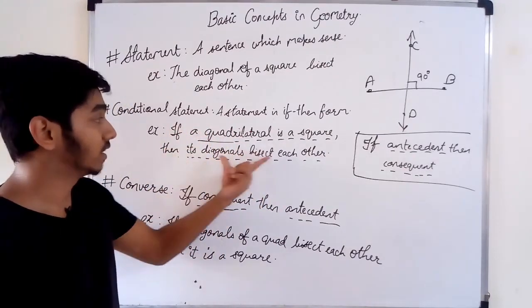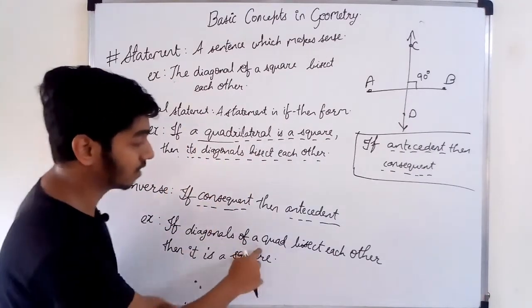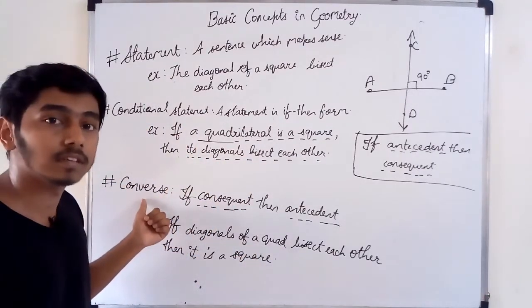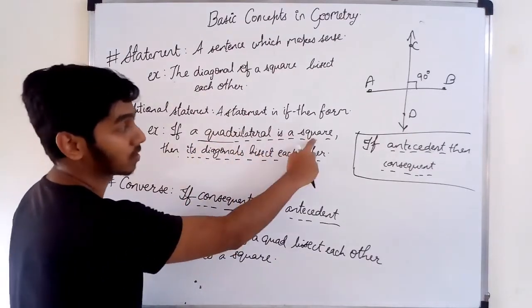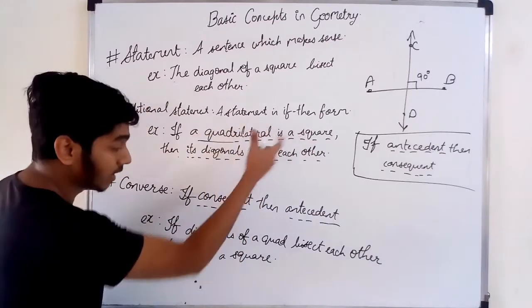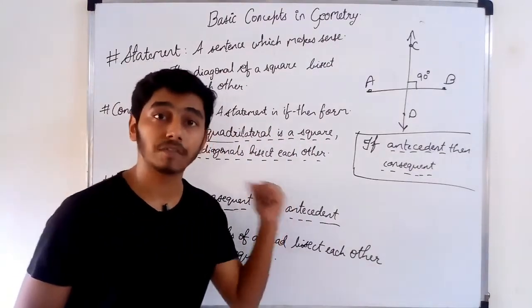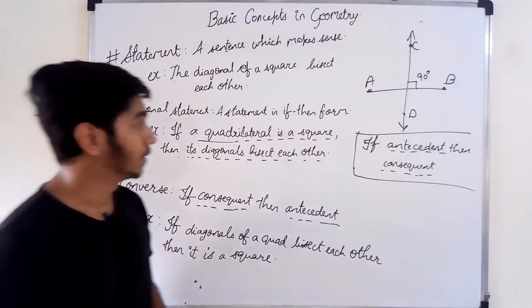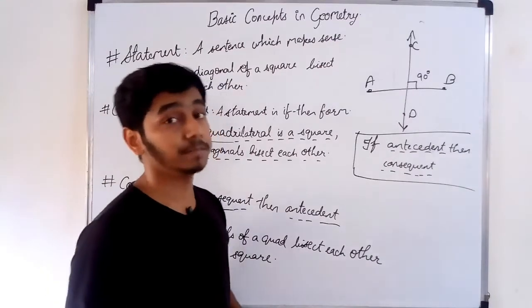This idea after then in the conditional statement will come after if in the converse. And the idea that it is a square will come after then in the converse. Okay, I hope you have understood. Let's take some more examples and clear your confusion if you have any.